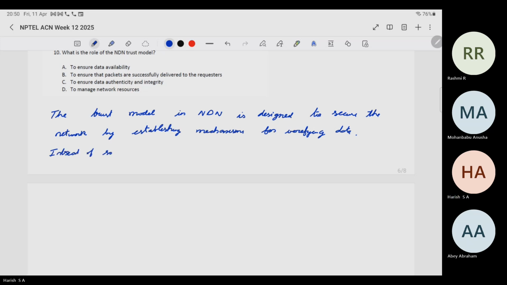Instead of solely relying on secure channels, NDN embeds security into the data itself.